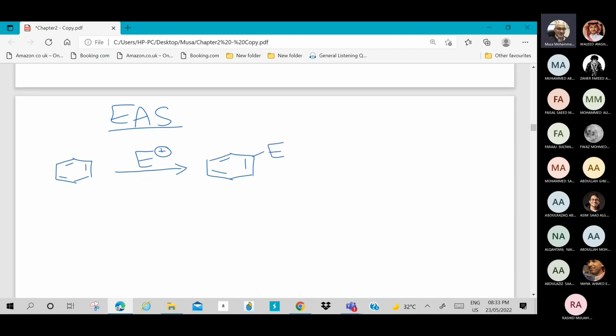Now, this electrophile could be nitro group, NO2 plus, could be Cl plus, could be CH3 plus, could be C double bond O CH3 plus.